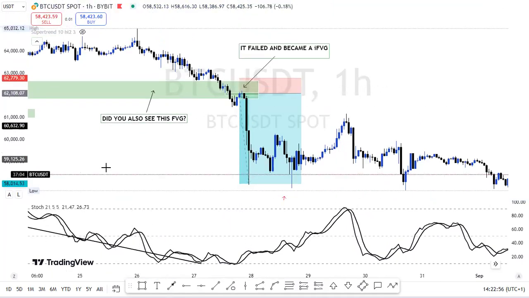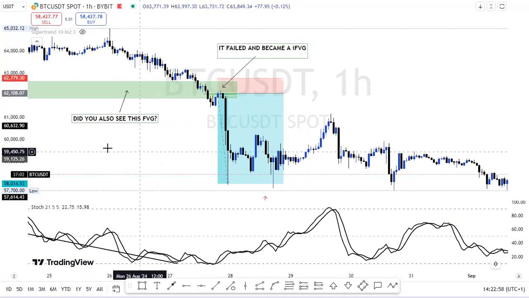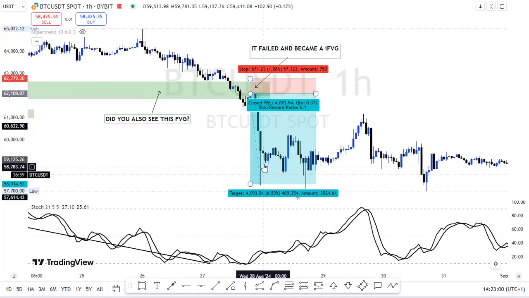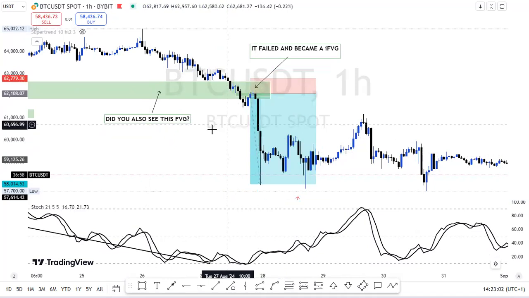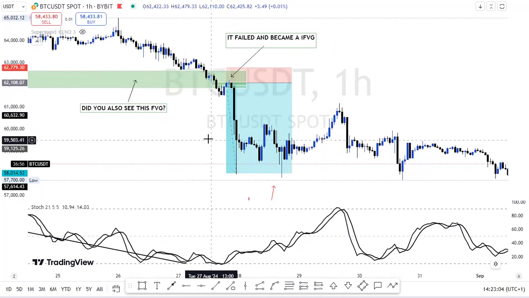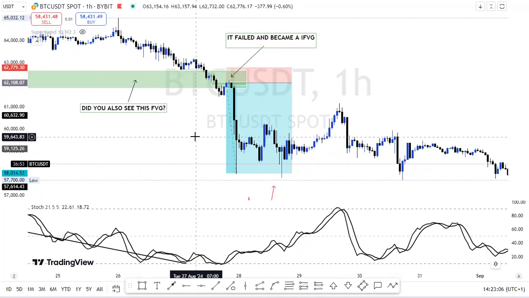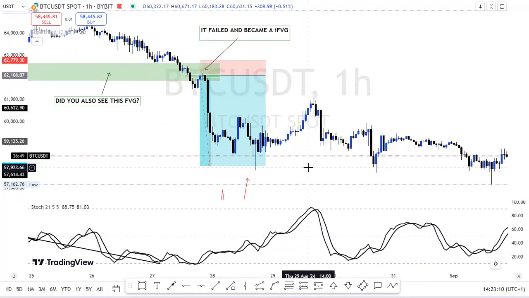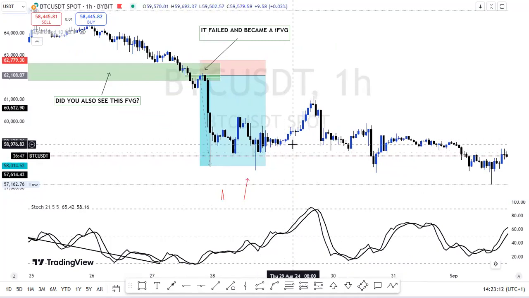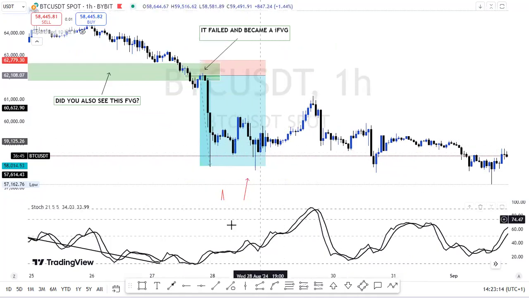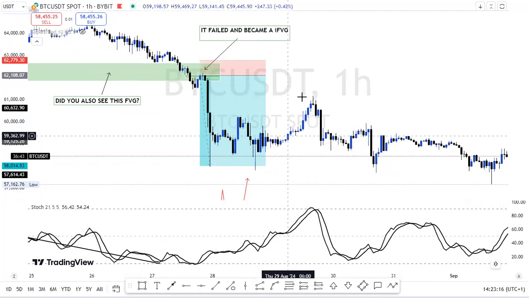Okay, let me use this old chart as a typical example. Now, if we look at this, this one is not 100% obvious. Okay, look at this. This is very, very good. Now, let's look at what price did.